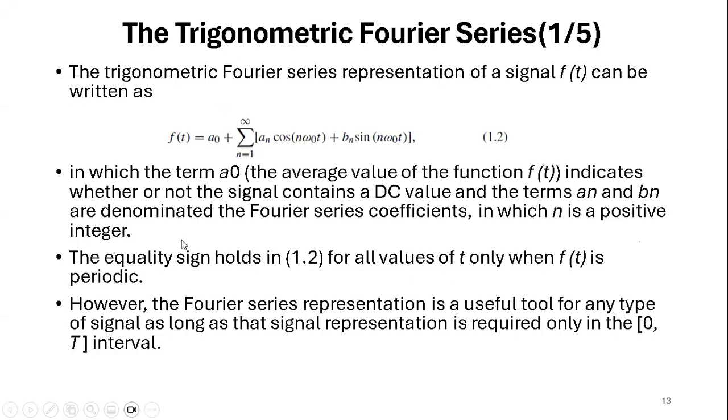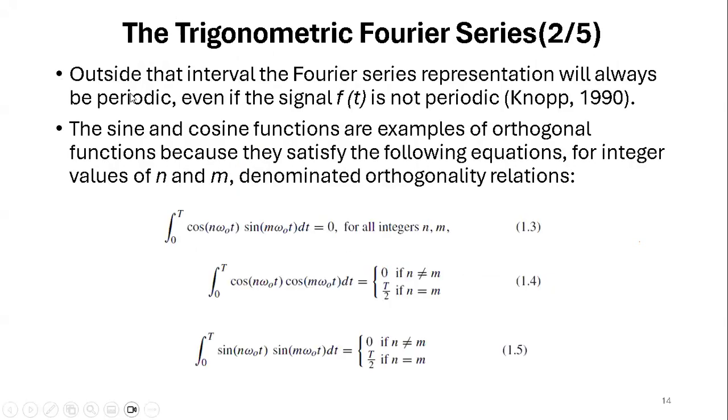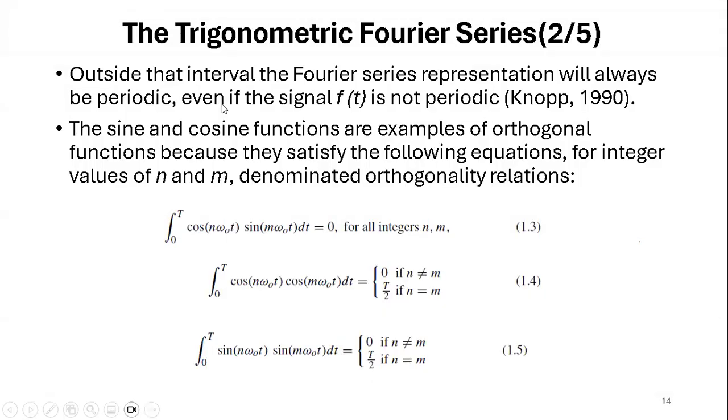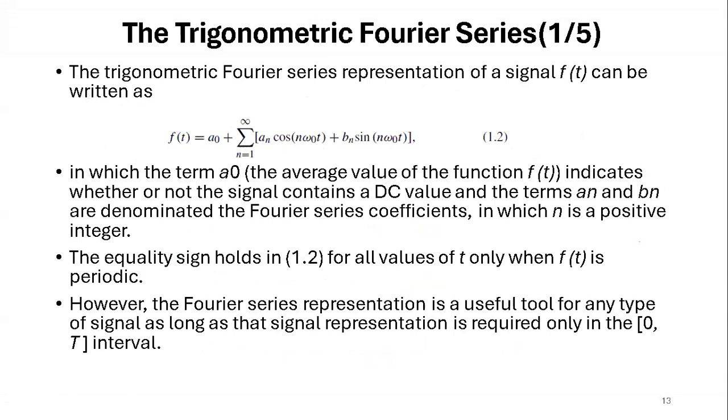The next slide, the trigonometric Fourier series. The trigonometric Fourier series is the most important topic of this lecture. In the first chapter, I will show you in which book it is covered. The trigonometric Fourier series representation of f of t can be written as f of t is equal to a naught plus sigma n equals 1 to infinity of a n cos n omega t plus b n sin n omega t.